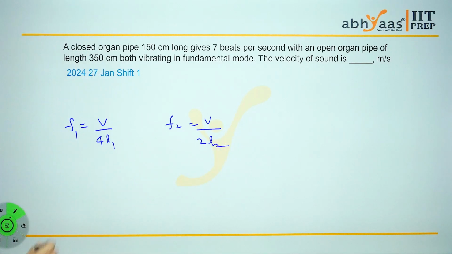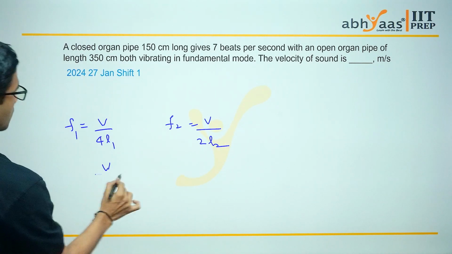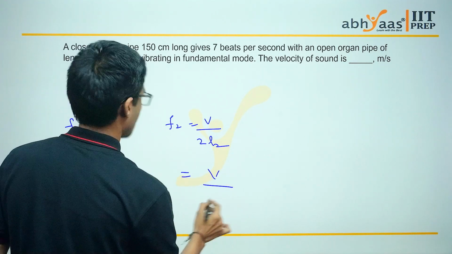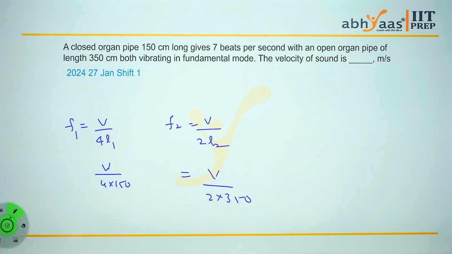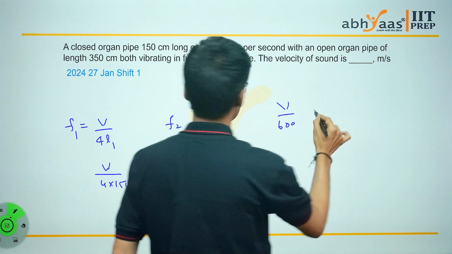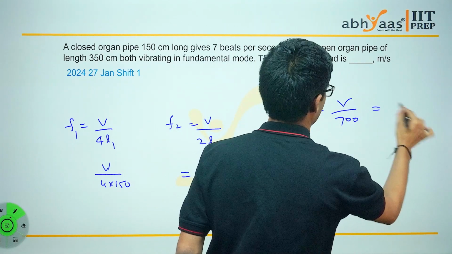The difference, V by 4 into 150 minus V by 2 into 350, is given as 7 beats per second. So V by 600 minus V by 700 is equal to 7 beats per second.